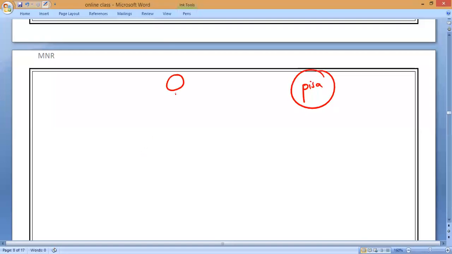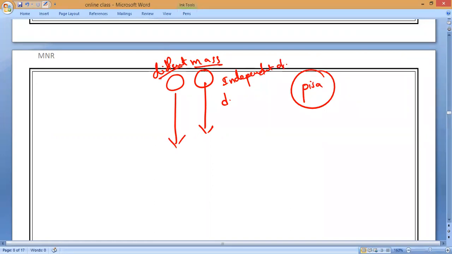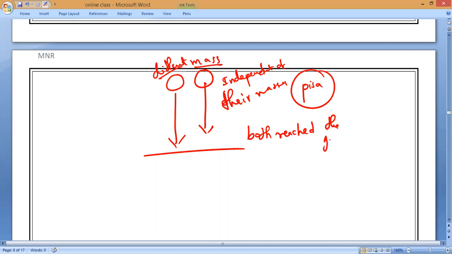When Galileo dropped two stones from that building, he noticed, same mass or different mass? Can you tell me what he had taken? Different mass. So when he dropped two stones from that building, which have different mass, he noticed that independent of their masses, they both reached the ground at the same time.